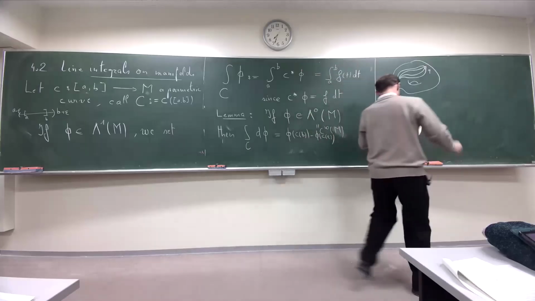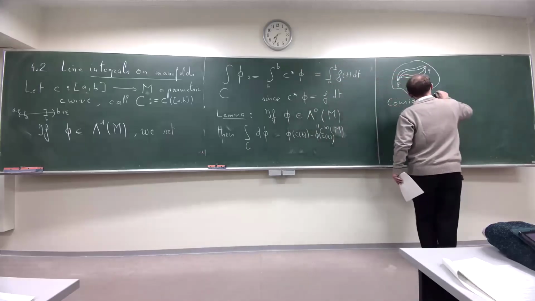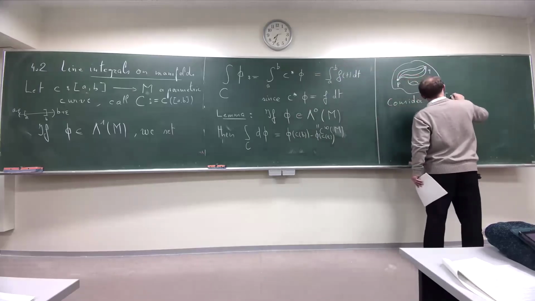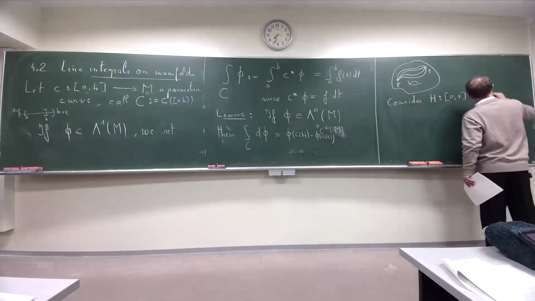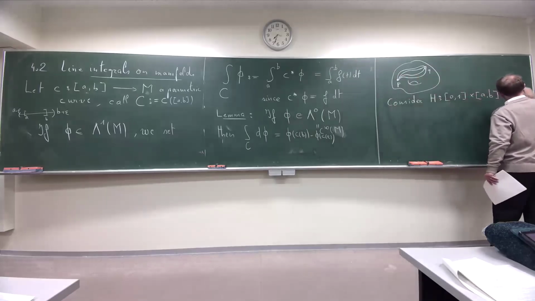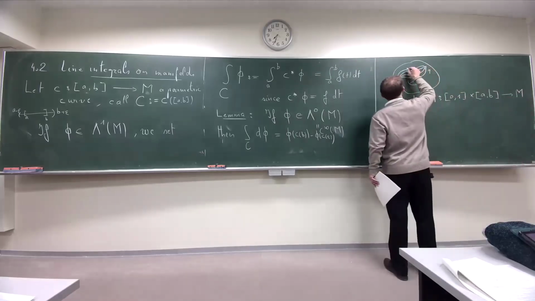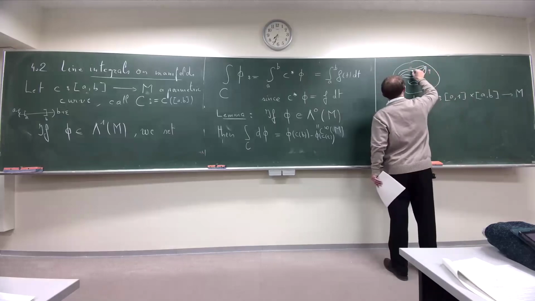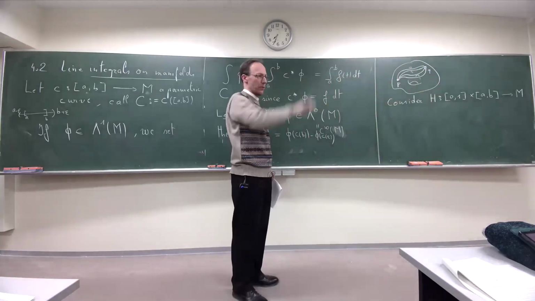I'm going to consider a function of two variables, H from 0, 1 times AB to M. And what is the first variable? The first variable is going to choose the 0 curve, let's say the 1/2 curve, 3/4 curves, and the 1 curve. It's just a parameterization of these different curves.